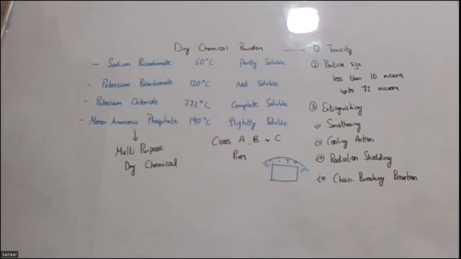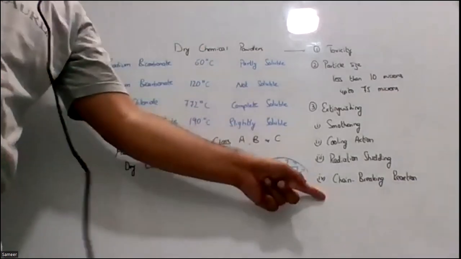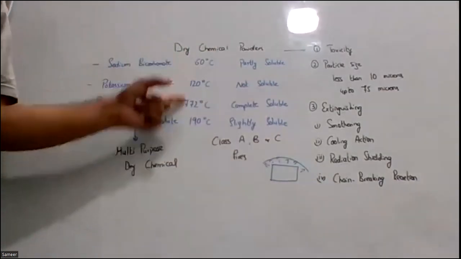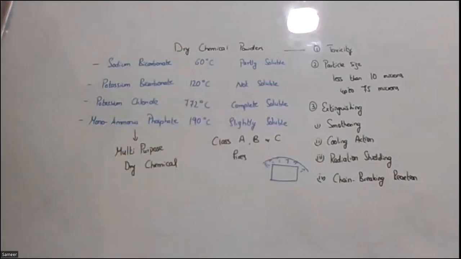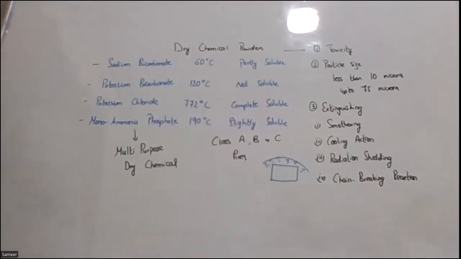Even though metal fires require chain break reaction and dry chemical powders also provide it, they provide it only up to a decomposition temperature. Above this temperature, they cannot provide any of these properties. So for that purpose, we use dry powders, and when we use them, the composition is slightly changed. The composition we tend to use is sodium chloride plus thermoplastic level 1.